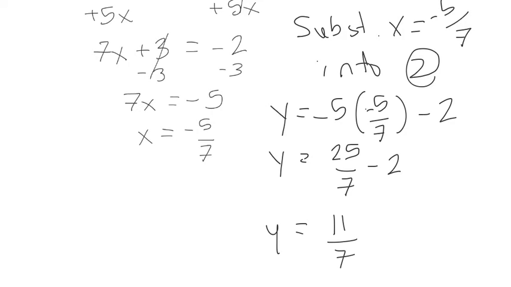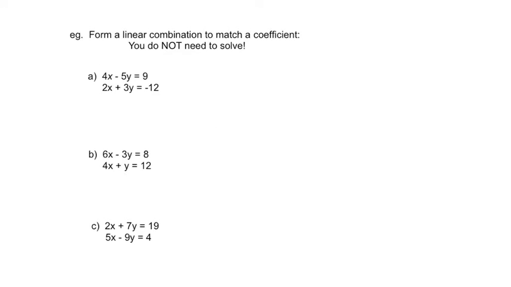Okay, so I can write a concluding statement, which is a good thing to do. I can say, therefore, the point of intersection, POI, is negative 5 over 7, 11 over 7. Okay? That's a good way of ending your solution.